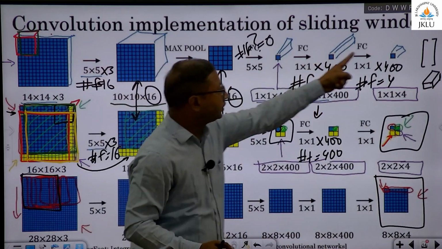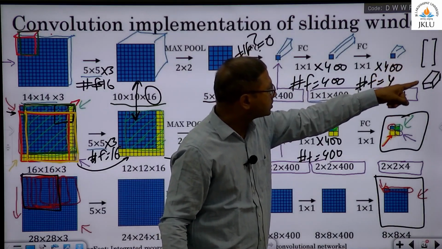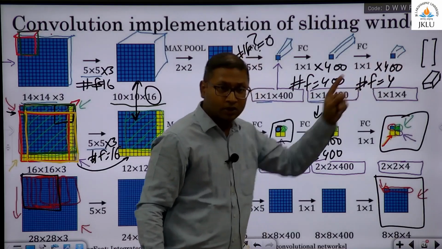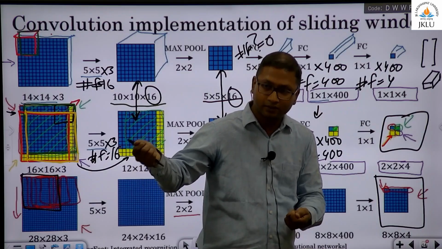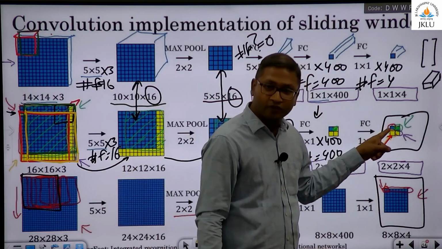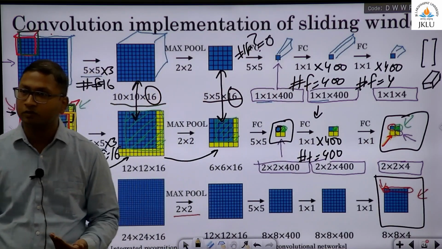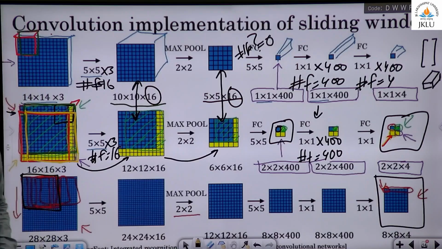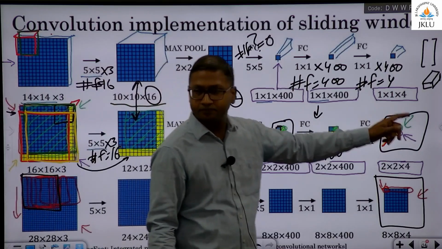In one pass you will do this, you will get 1 cross 4, and in the same pass, with a little bit of increased complexity, you will get 2 cross 2 cross 4. Computational complexity has not increased much because of these. You are not adding too many things. Whatever little adds gets added here.